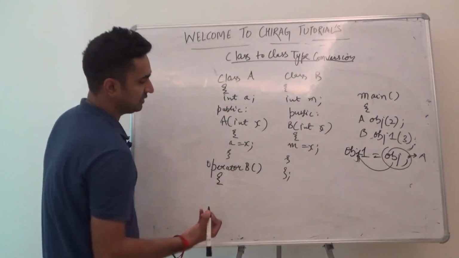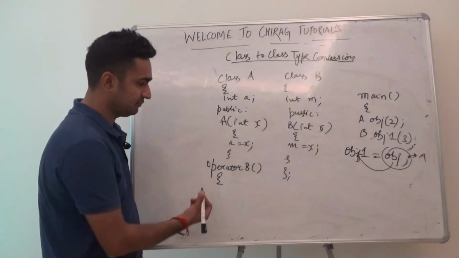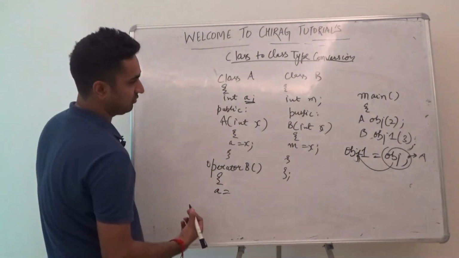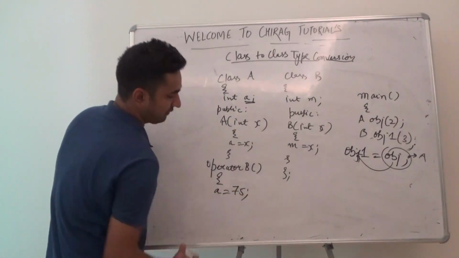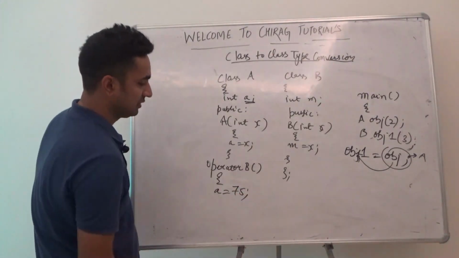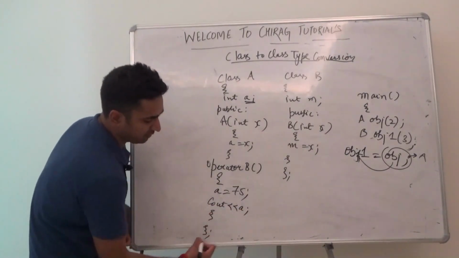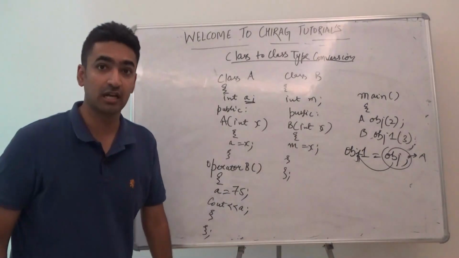And guys, I can access this value. I can give A is equal to, let's say, 75, and I can display this A value. It's up to you how you want to access this particular class.